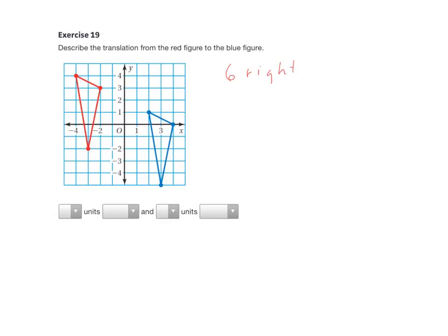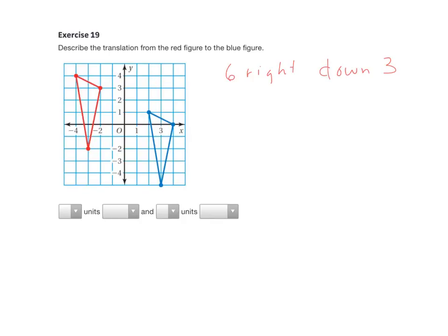And then you would have to go down, right? So let's do that again. 1, 2, 3, 4, 5, 6 to the right. Then you'd have to go down 1, 2, 3. Right? 6 units to the right, down 3.